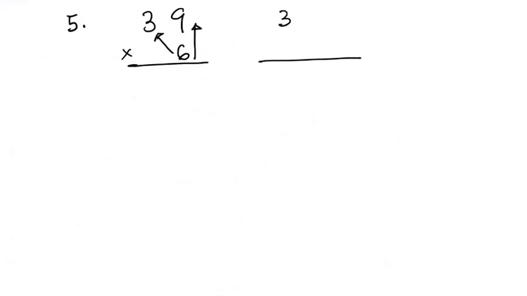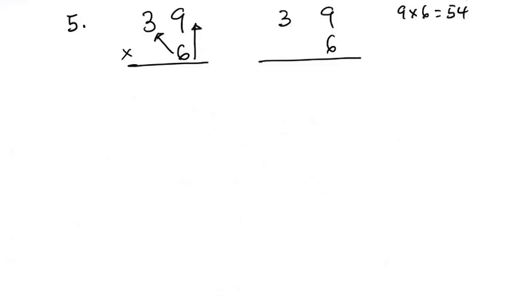We go to number 5. We have 39 multiplied by 6. The same number goes up to multiply and multiply the one on the side. So let's see what we have. 39 times 6. So what we are going to multiply is 9 times 6 equals 54.